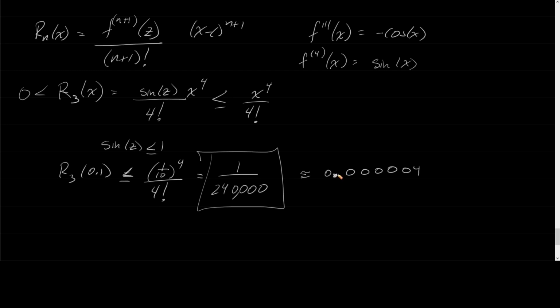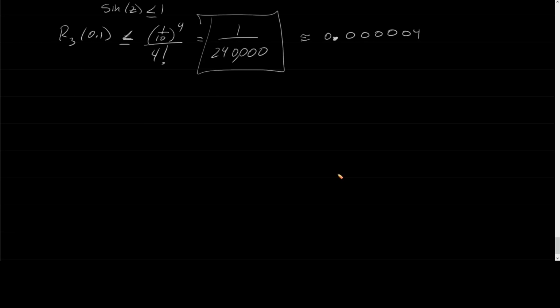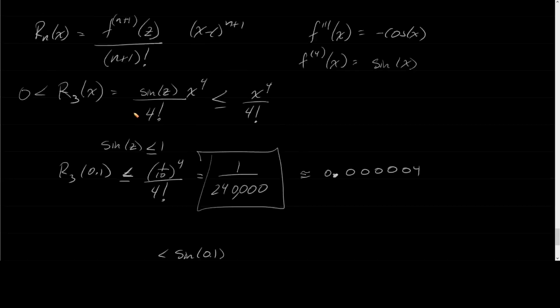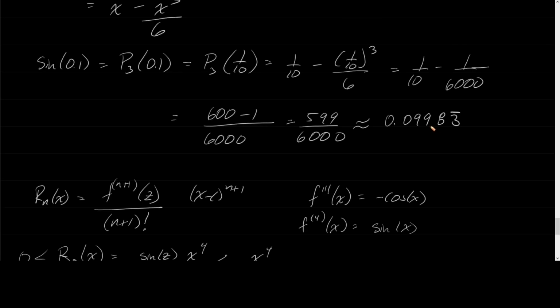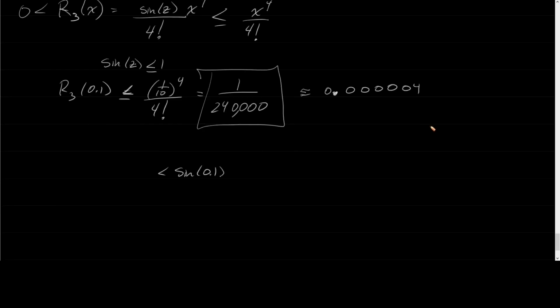Alright, so in other words, what we're saying here is that sine of 0.1 is going to be at least the value that we approximated, which is 0.09983, with the 3 repeating. I think I said that wrong earlier.